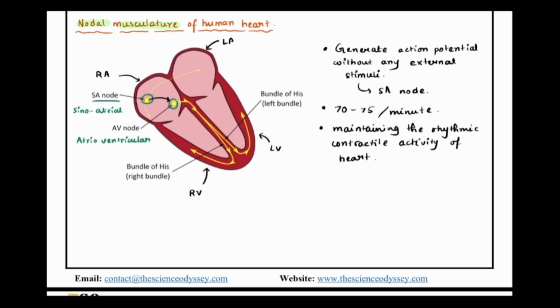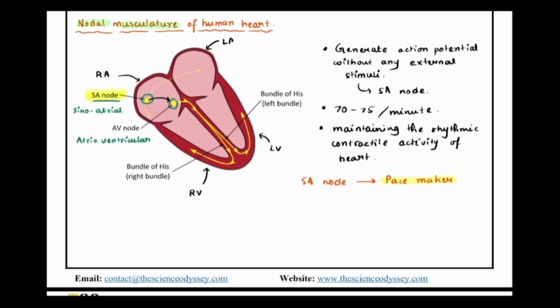And since the SA node is generating the action potential, that is why the SA node is also referred to as the pacemaker of the heart. Now, you might have heard that a person is getting a heart surgery, a pacemaker surgery.